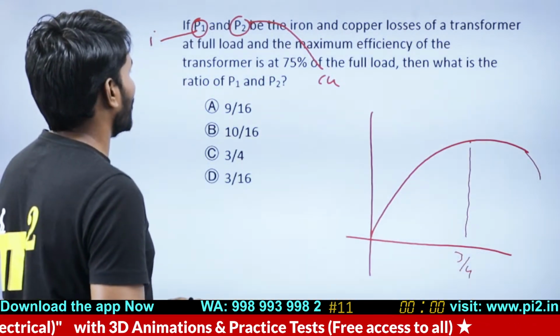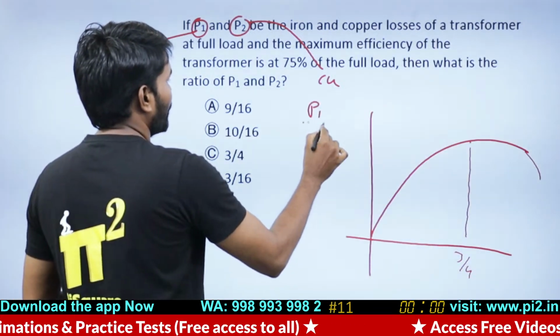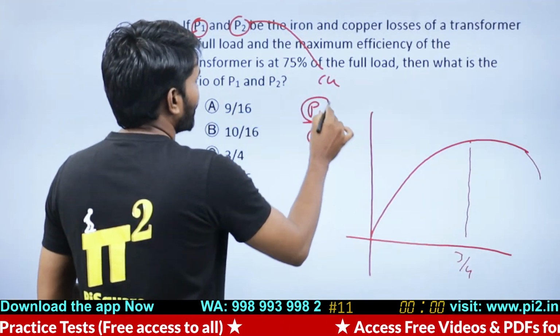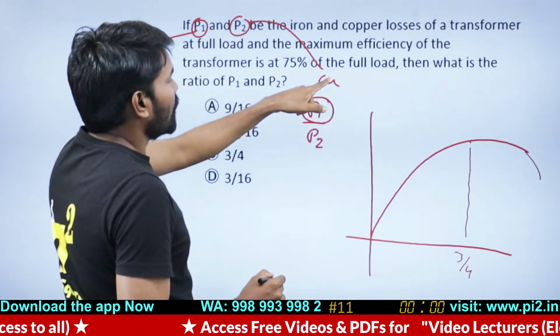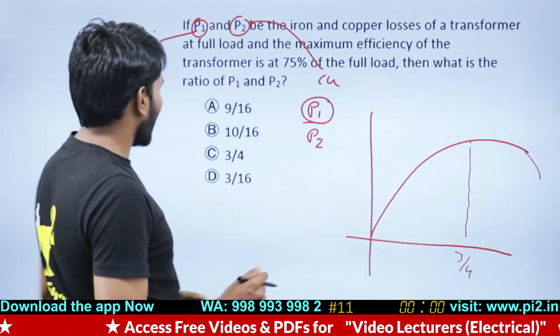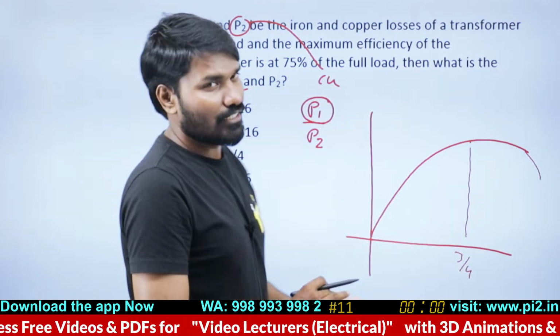Then what is the ratio of P1 and P2? It is asking for P1 by P2. P1 is full load iron losses, P2 is full load copper losses. So 3/4, simply square it, you will get 9/16. Simple.